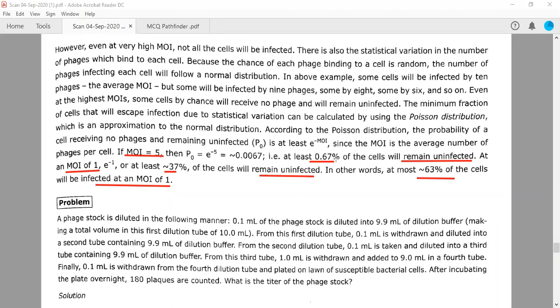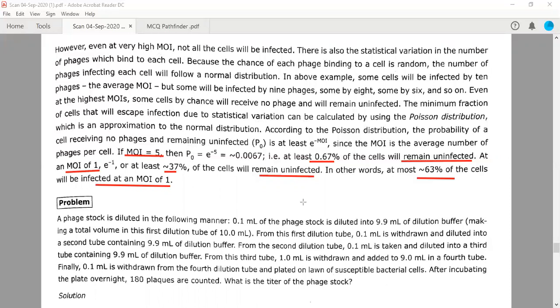This percentage is showing you the number of uninfected cells which are not infected by the virus. If you increase the multiplicity of infection, the number of uninfected cells will decrease, right? But even at a very high multiplicity of infection, there are some cells which are not infected at all. So you need to keep this in mind. Therefore, you need to calculate this P naught number, right?